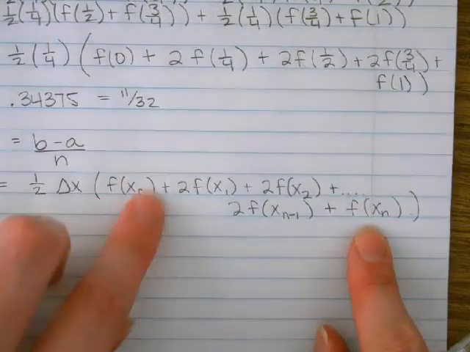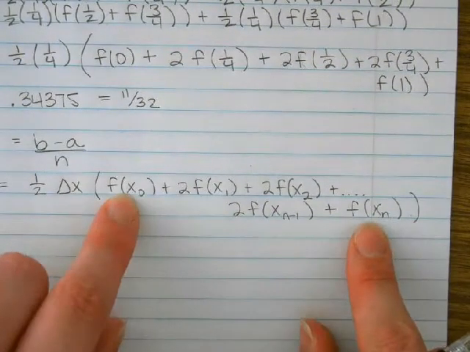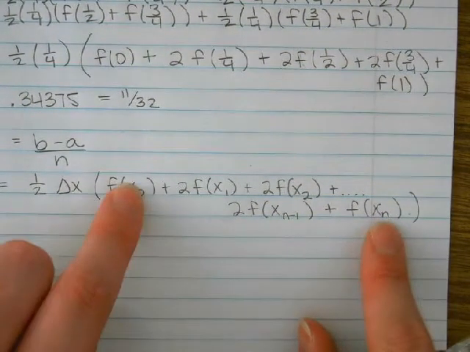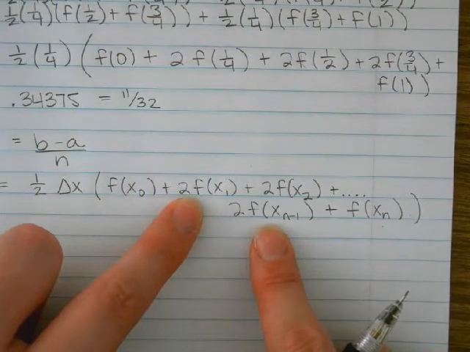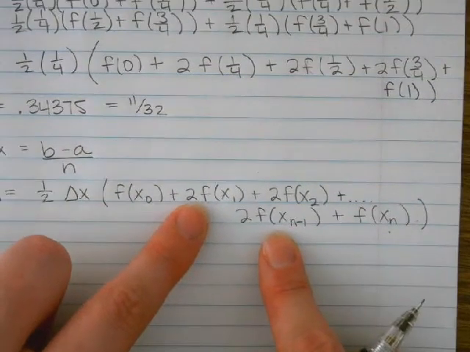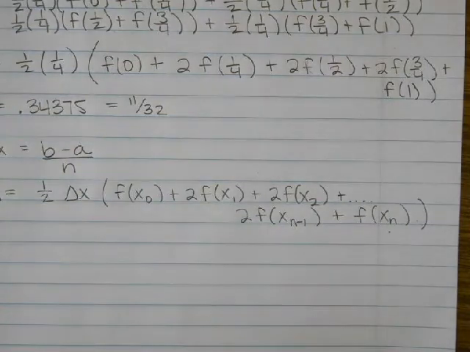So we know that this pattern holds true where the very left side and the very right side just get to be used once, and then everything in between gets used twice. Right, so this is very typical for these problems.